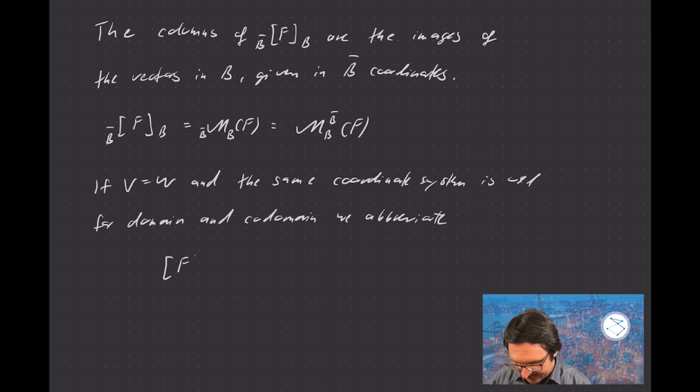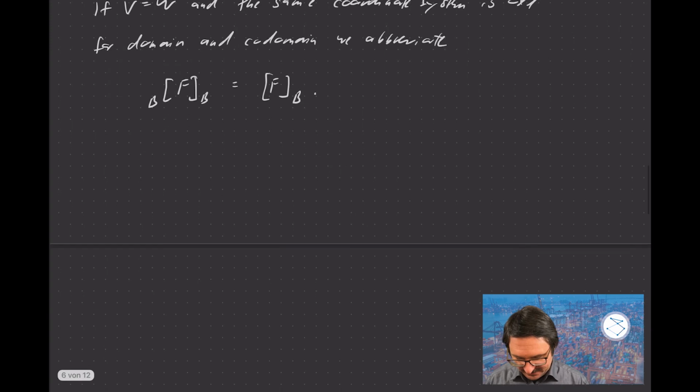So instead of writing it this way here, we only write the B once, and in that case we write it on the right hand side. Okay, now that seems a little abstract, I know, so let's have a look at a few examples to illustrate my case here.